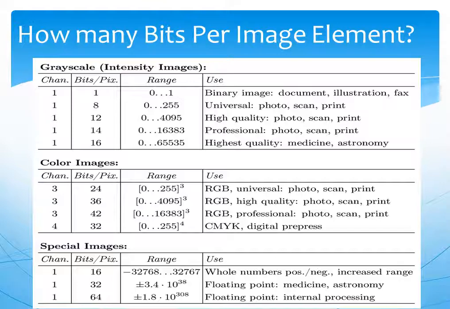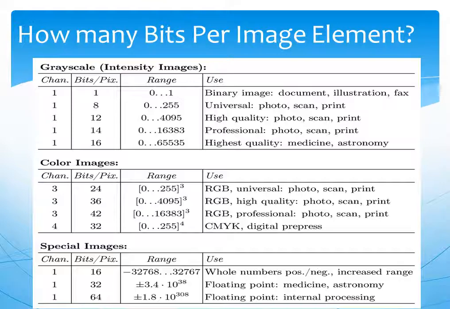It requires 14 bits, and the range is 0 to 16383, and the last one is the highest quality, which is generally used for different types of astronomy images and biomedical images, and the range is 0 to 65535, and 16 bits are required per pixel.